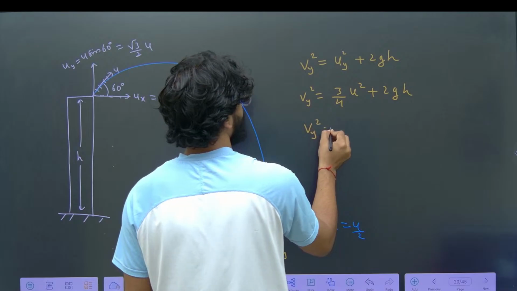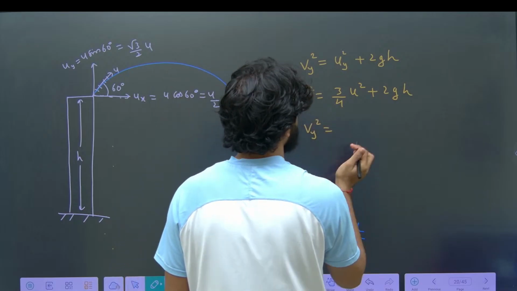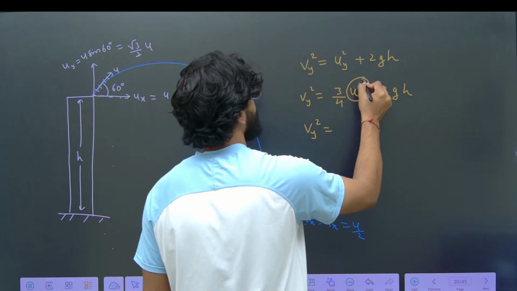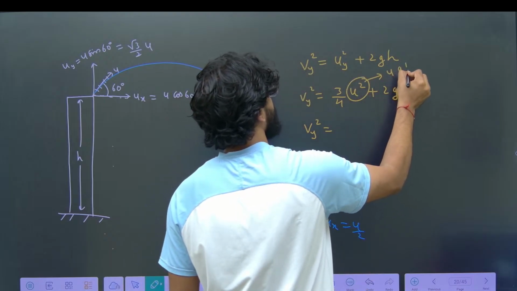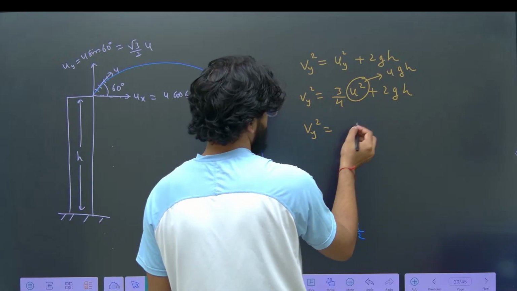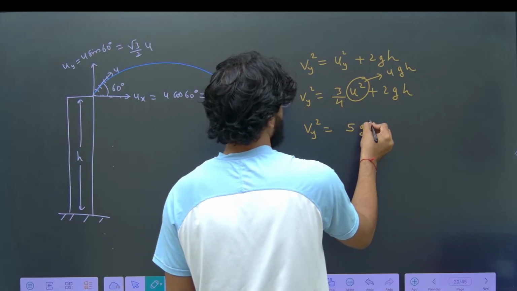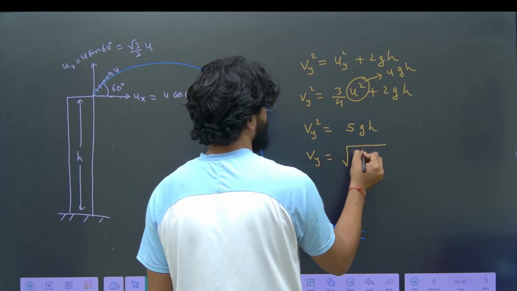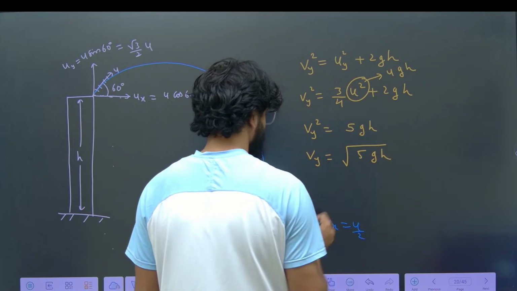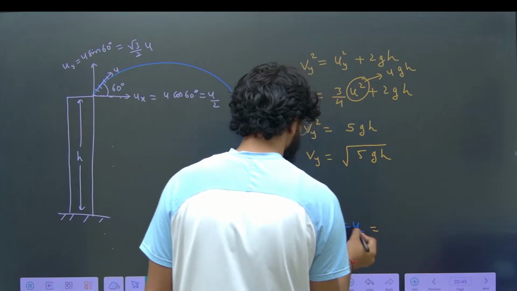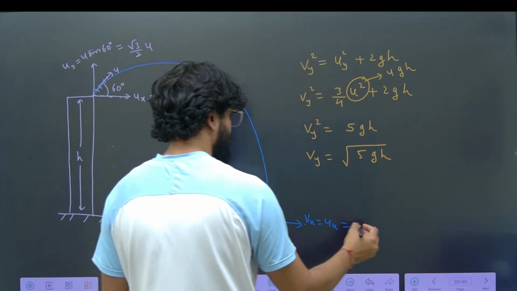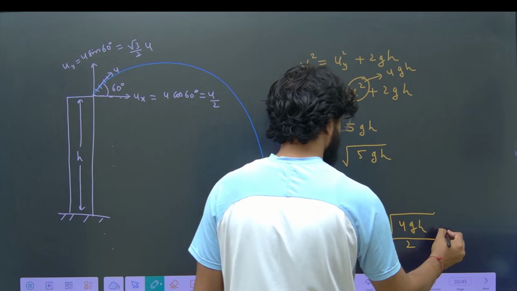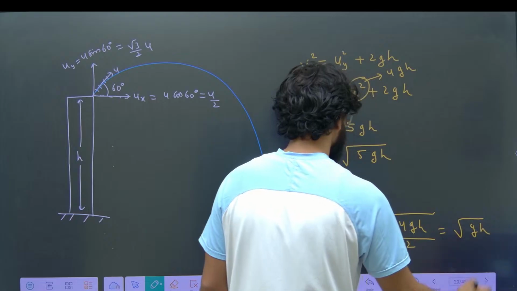Vy square is coming out as, we know the value of u square, which is 4gh, correct? So it is coming out as 5gh. Okay, so Vy is under root 5gh, and Vx is u by 2, but we can write it as under root 4gh by 2, so it is just root gh, correct?